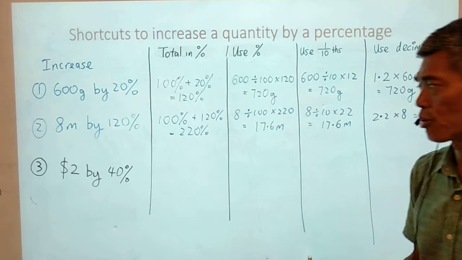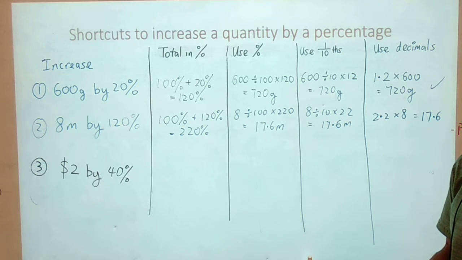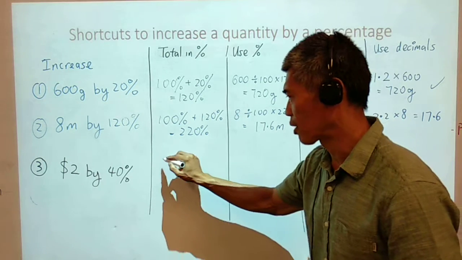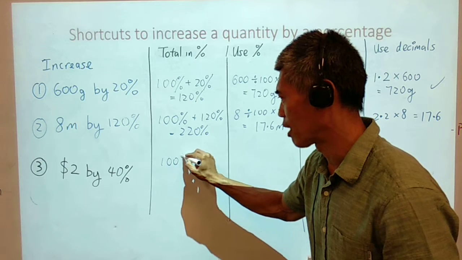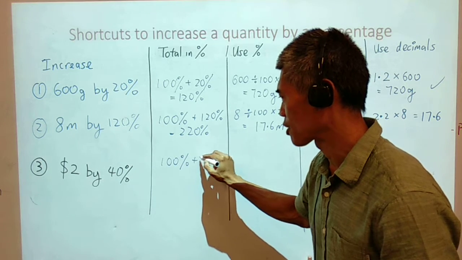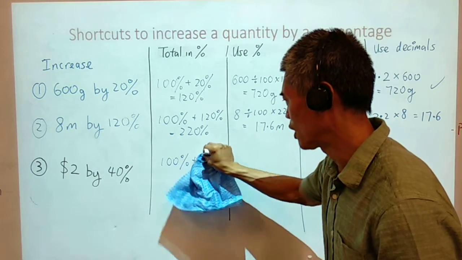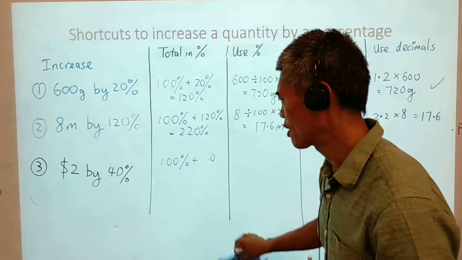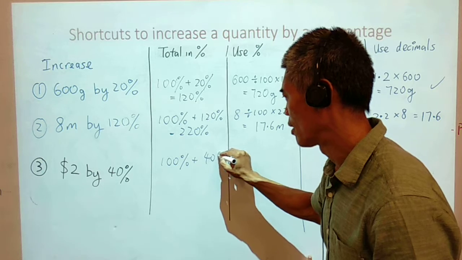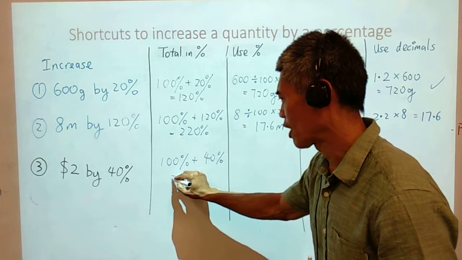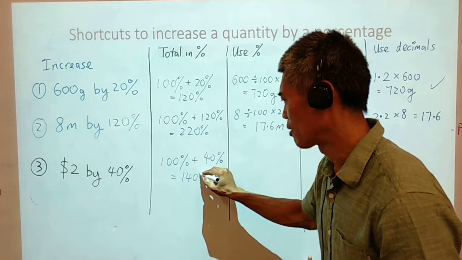All right. Last example. Increase $2 by 40%. So in this case, we're looking at 100% plus 40%. That gives us 140%.